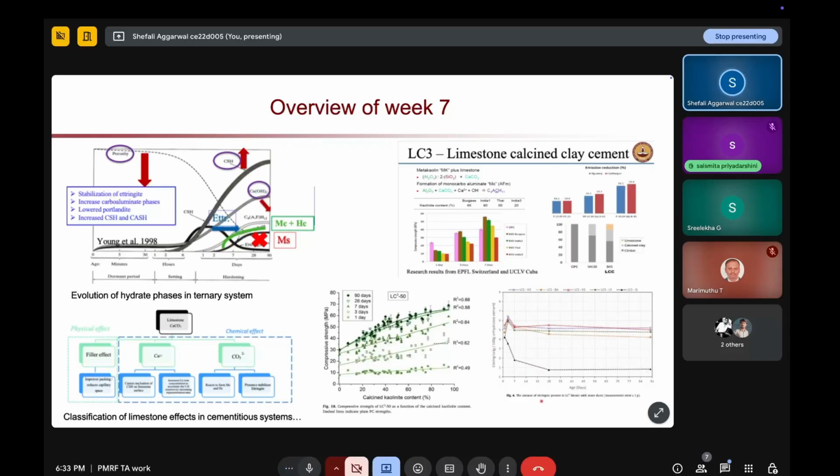Also, you can see how ettringite is changing with time. As we said, in a ternary system our ettringite will be in a stable form. So here also you can see initially from 7 to 14 days it is fluctuating, after that it is getting constant. Okay.